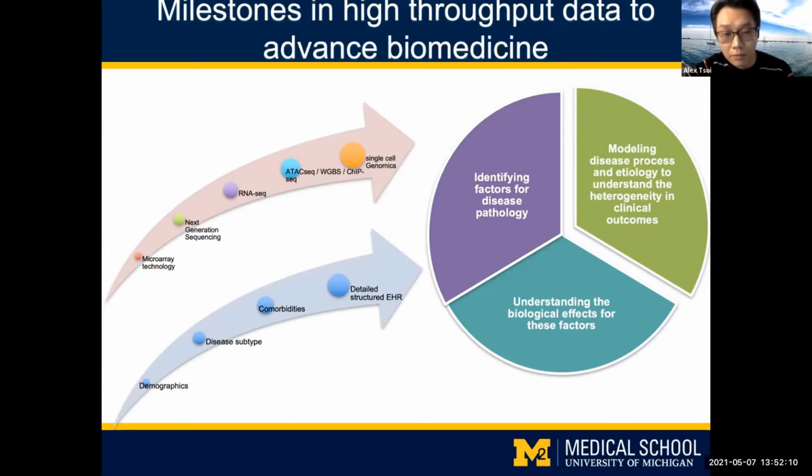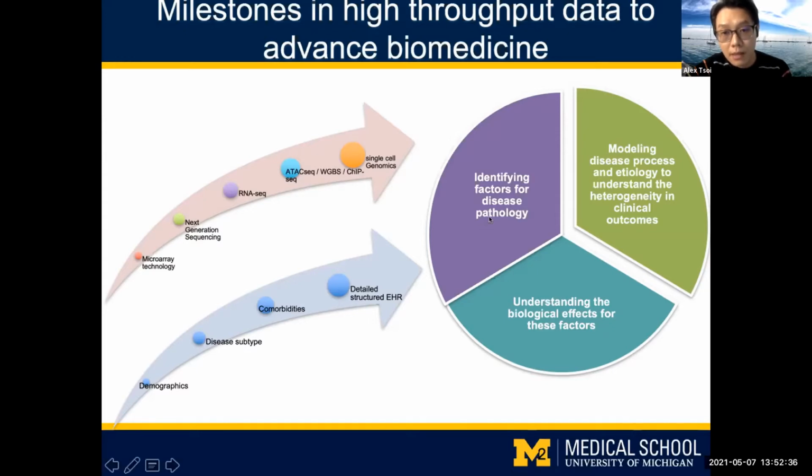In parallel, for the clinical data, we started with just some demographic variables in our modeling, and then moved to somewhat more structured electronic health records data. All this big data has come into place in the last 10 or so years, helping us address some of the major questions we're facing in biomedicine.